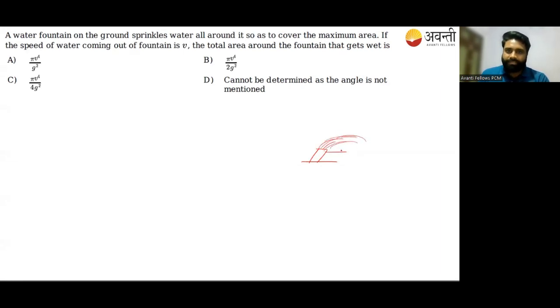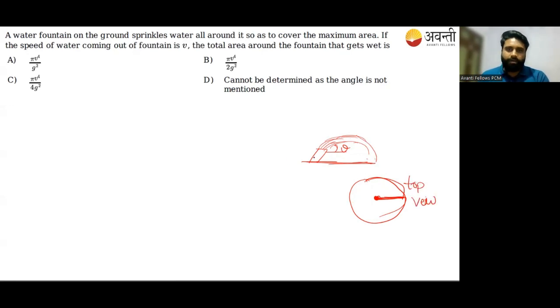It is tilted at an angle of theta, so it would cover this area. If you see it from the top, it would look like a circle. This is the point where our fountain is, and this is the radius. This is the top view.